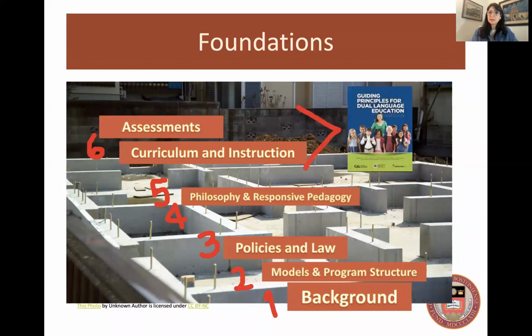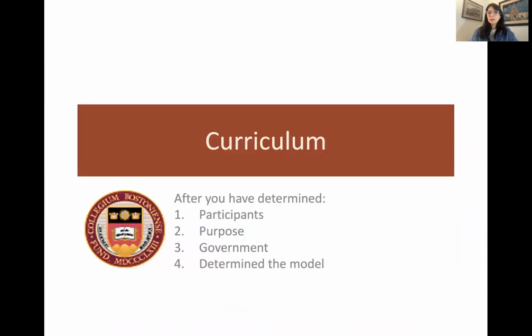And this is where the guiding principles for dual language education gets us started. So it actually starts with program structure, but then it goes into curriculum and instruction. So we target curriculum once we have determined who are our participants, what is the purpose of our program, who will be the government or the people in charge, and then determine the model as well.